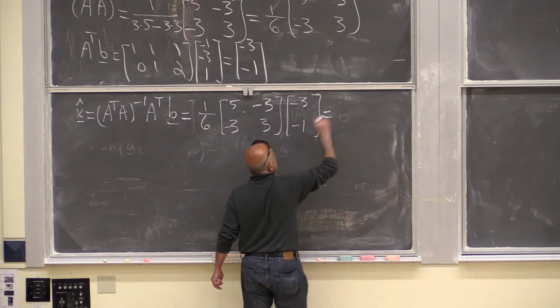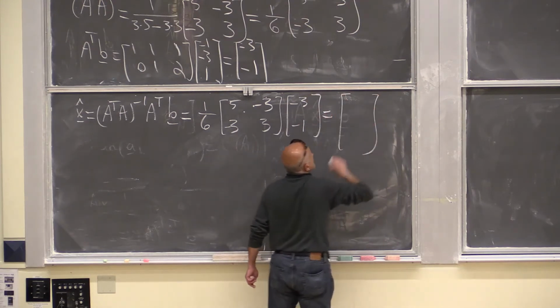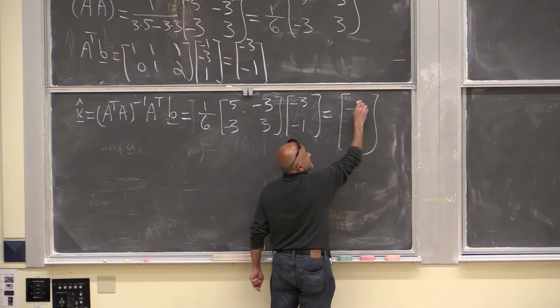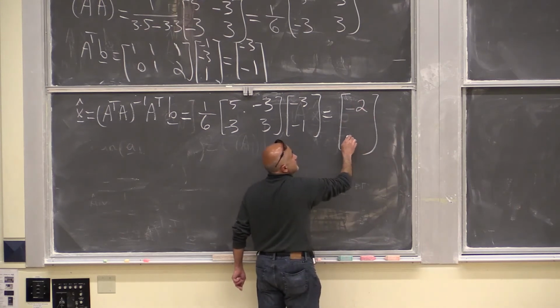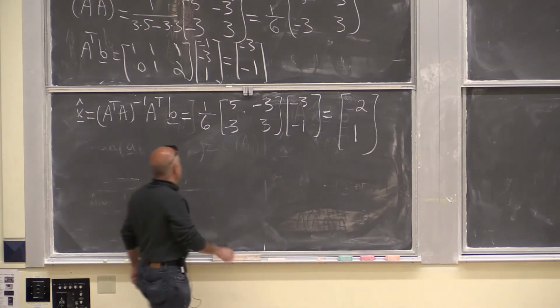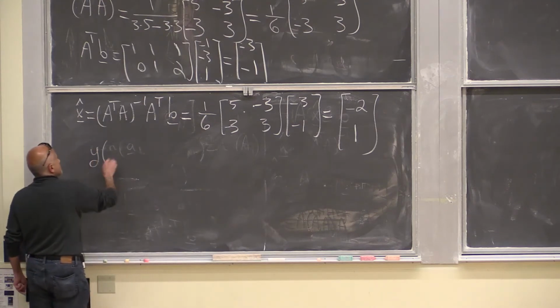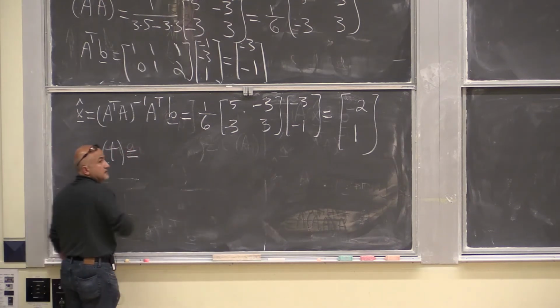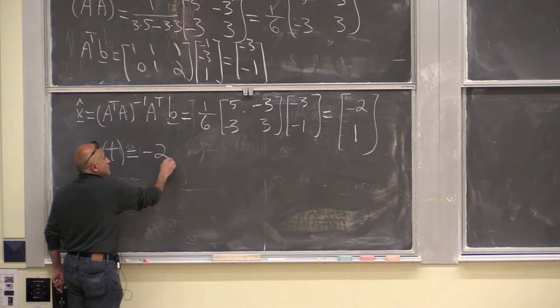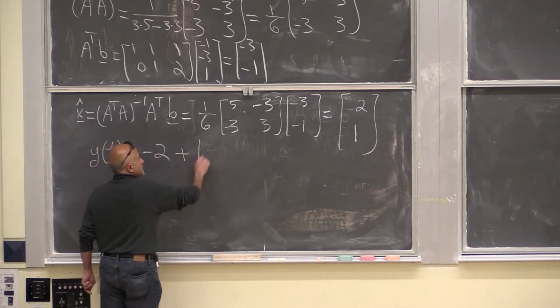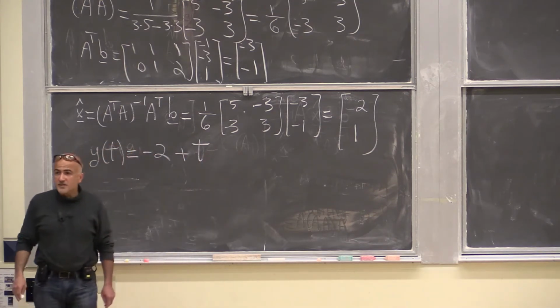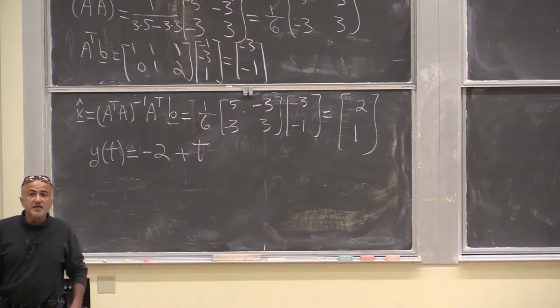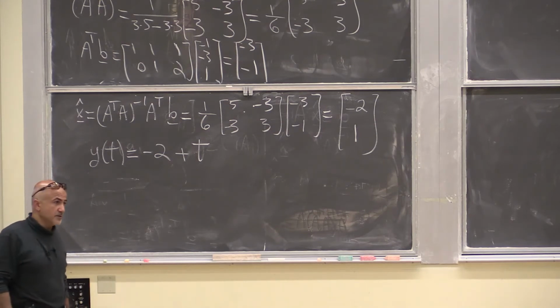And what does this give me, people? -2 and 1. So what does that say about my linear model? y of t is -2 plus t. That's the equation of the motion that I found. That's the best fit linear model.